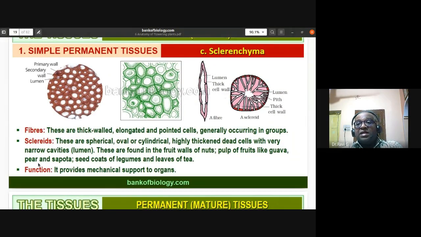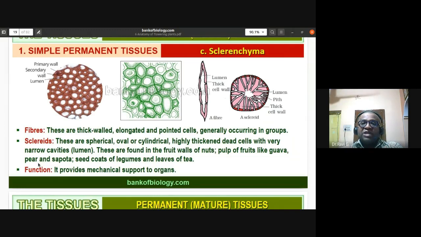They are highly thickened cells with very narrow cavities called lumen. The seed coats of legumes and tea leaves also have sclerites.